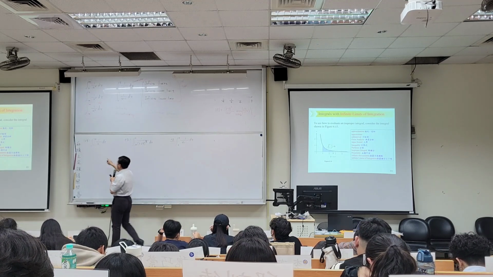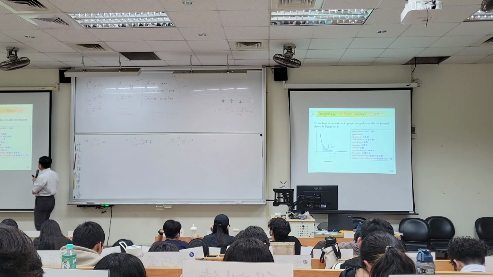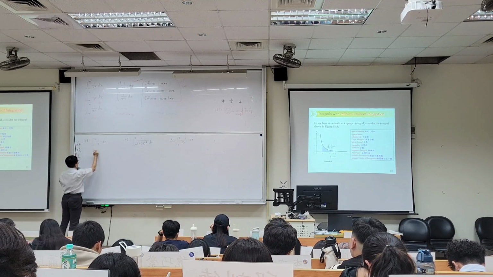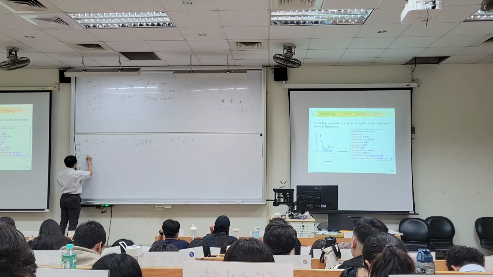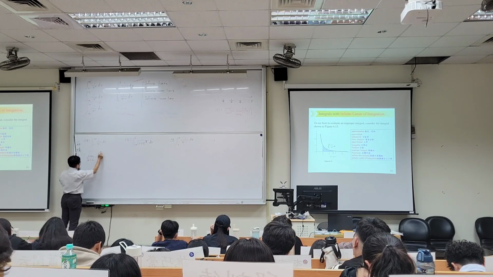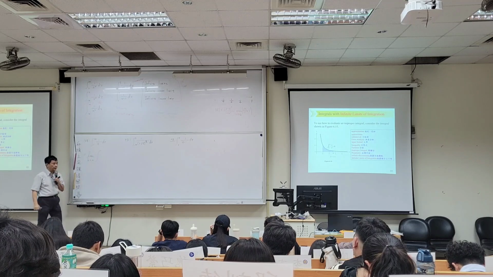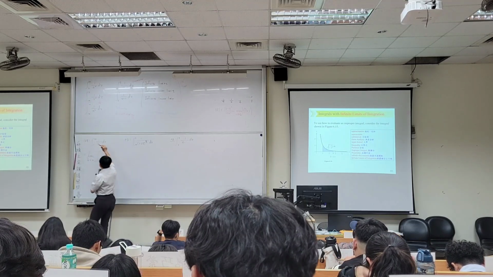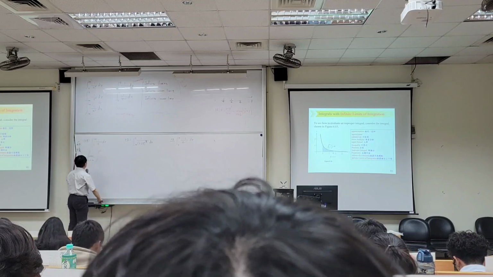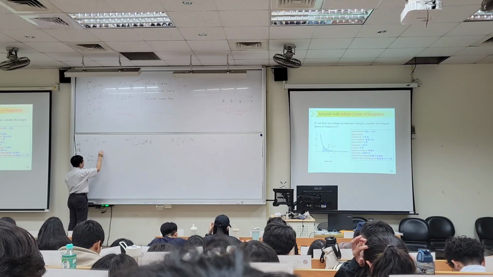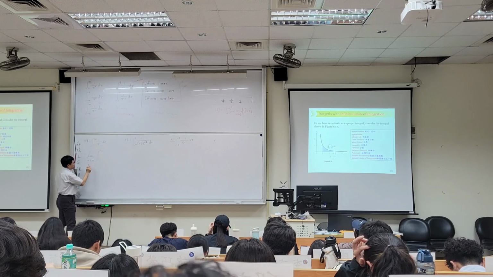This one is with different upper limits. Basically, we replace the infinity by b, and we let b go to infinity.